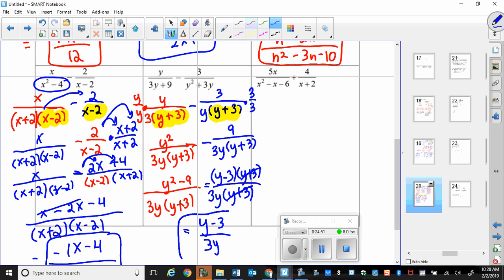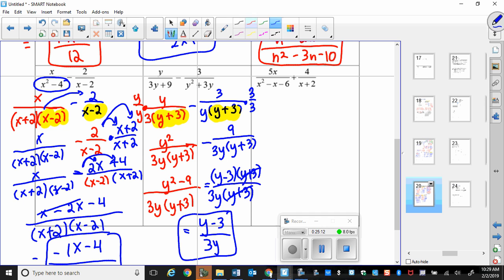It's very, very important that factoring be learned for this unit. Remember, factor the denominators first if possible.